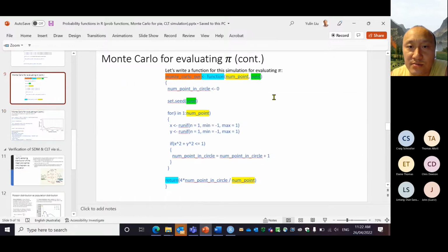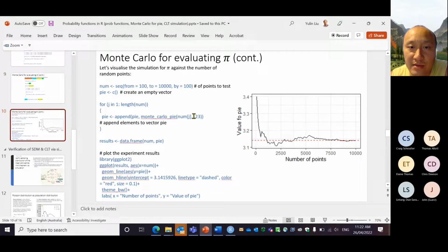Remember, in the Monte Carlo pi function you have to give two inputs: the number of points you want to simulate in this round of experiment, and the seed of the random number. So every time I'm using the same random seed, 1, 2, 3.